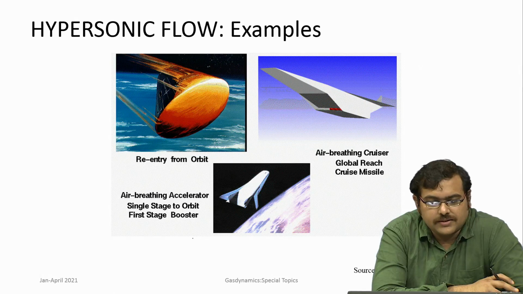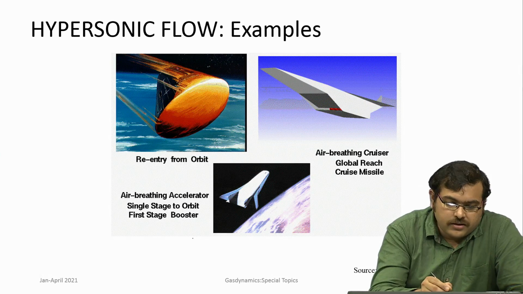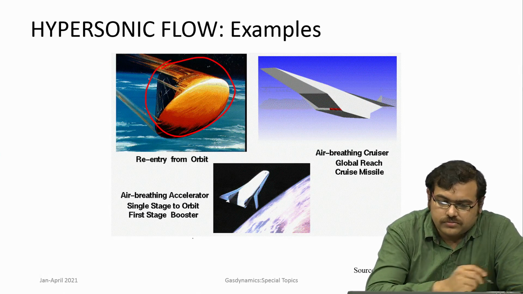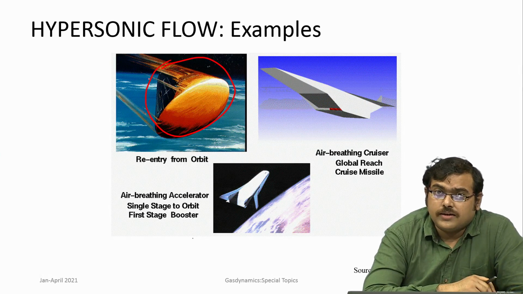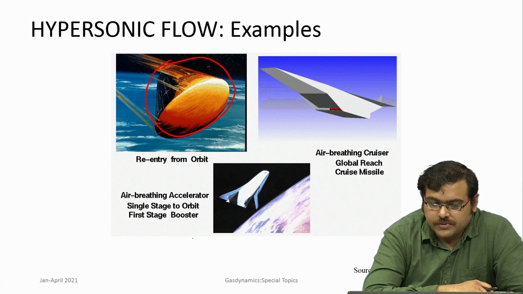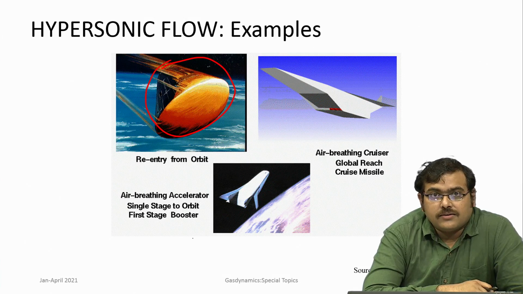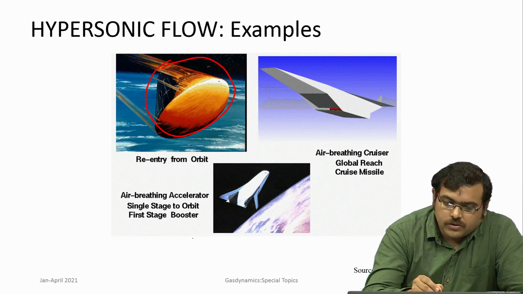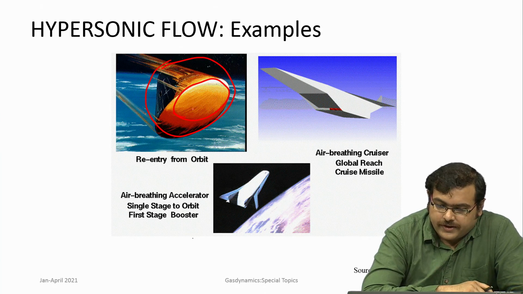One is the case of re-entry of a capsule. It can contain humans or be an experimental capsule. As they enter the Earth's atmosphere, they undergo significant heating, which is also shown here.